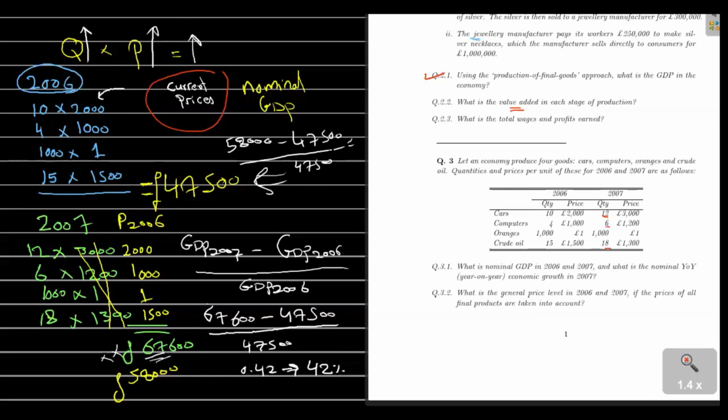That growth rate would give you the exact or the true picture about output. When you look at the nominal GDP, the economy, according to the nominal GDP, has grown by 42%, or 0.42. But when you actually look at how much the economy has grown, it's more about the output, how much more we produce this year.